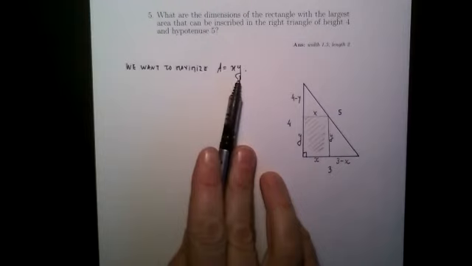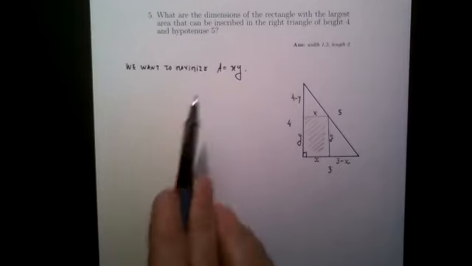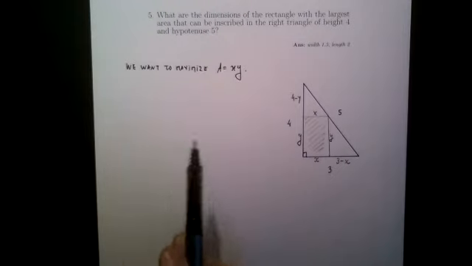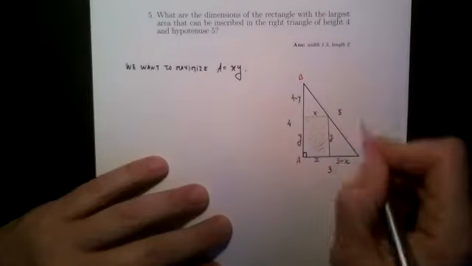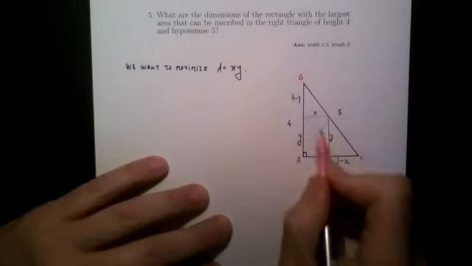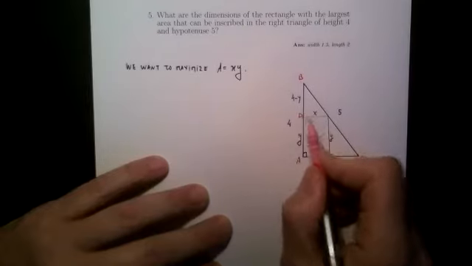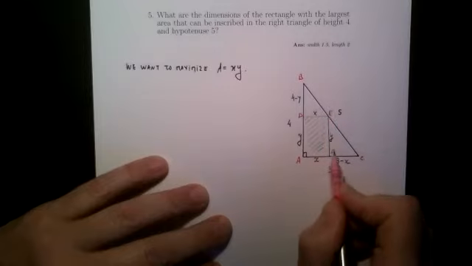The only thing I need now is to be able to express y in terms of x so that the area is just in terms of x. Okay, so let's just notice one thing here. So let's call this A, B, C, and D, E, F.